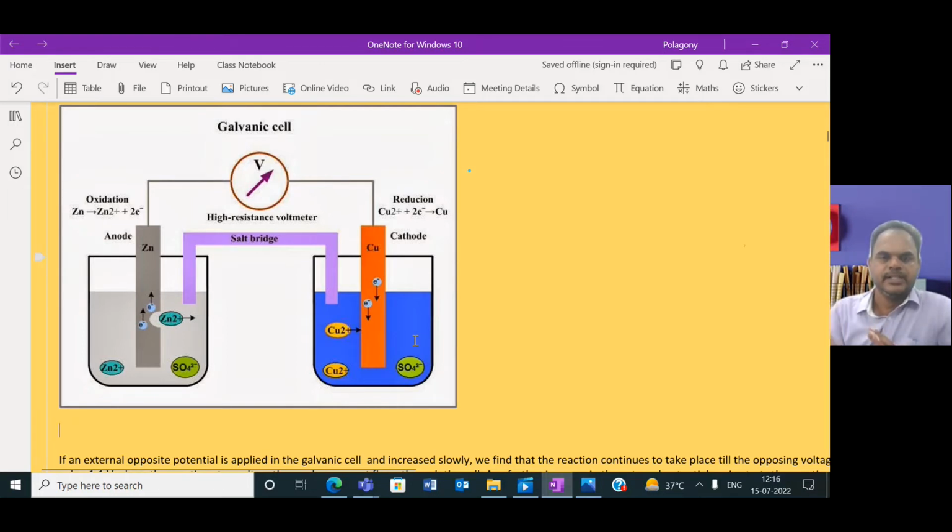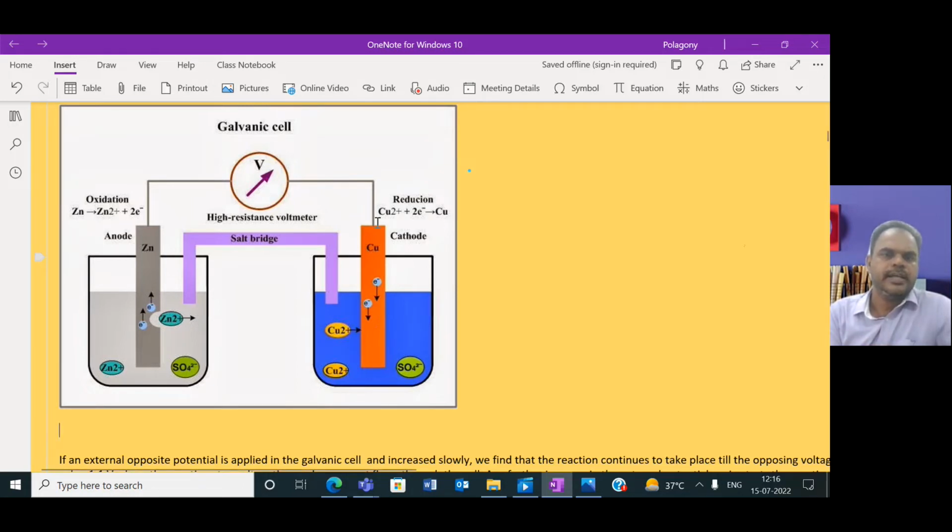And on the right side, if you observe, in the reduction half cell there is a copper sulfate electrolyte solution, and a copper metal strip is immersed in it. The copper metal strip is immersed in the other half cell, on the right side, which we call the reduction half cell.